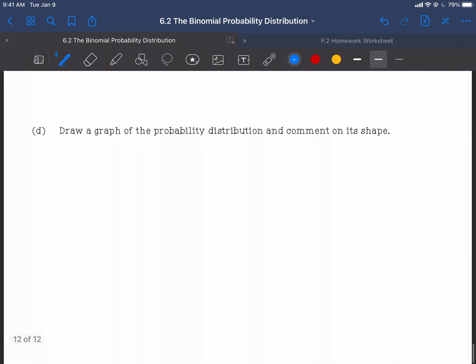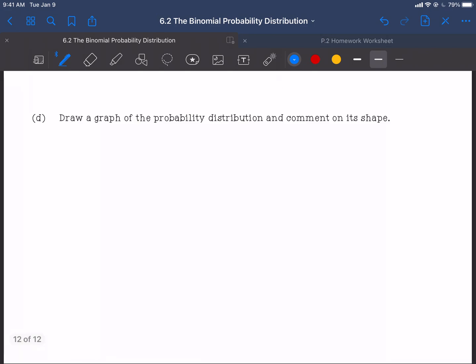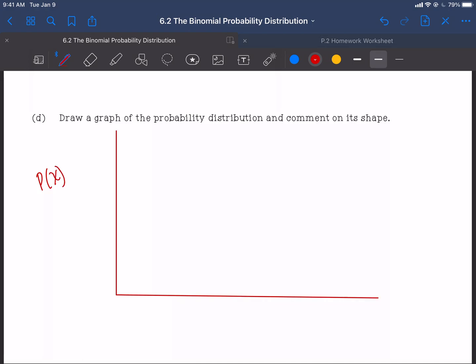And then last, part D, draw a graph of the probability distribution and comment on its shape. So if we're going to draw a graph here, our y-axis is our p of x, and then down here is just our x, or our number of successes.